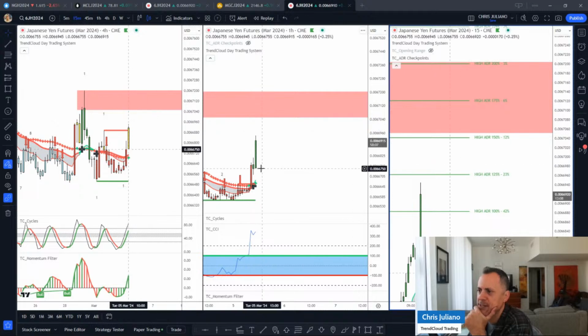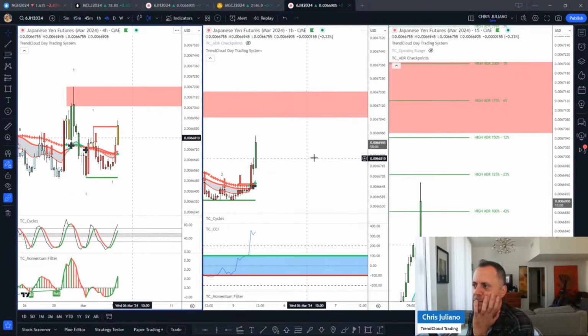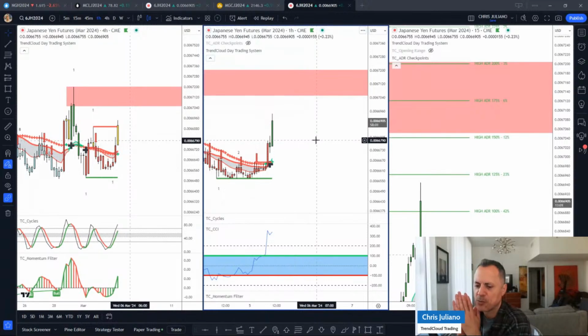It's all mixed signal. And that's pretty crazy. That kind of throws a monkey wrench into our momentum-based trading system, doesn't it?